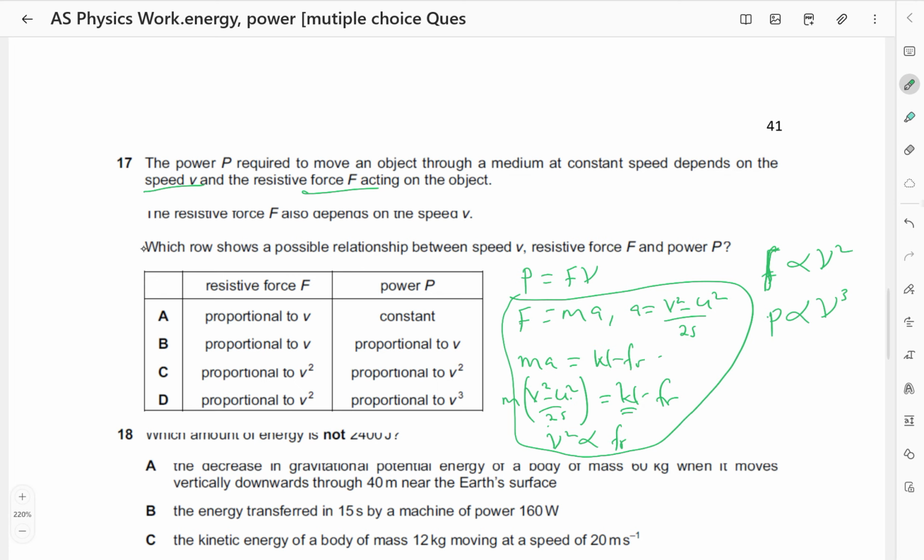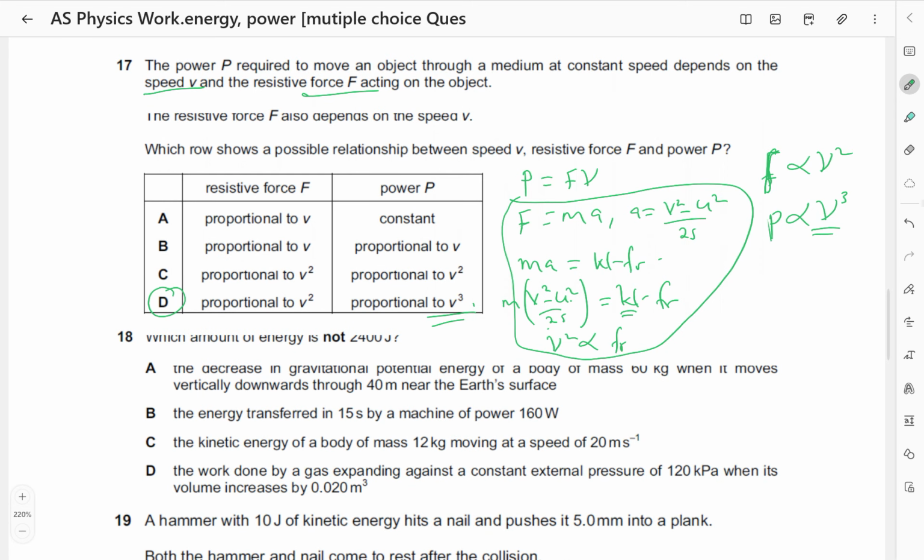If power is directly proportional to V and power is directly proportional to F, yet F is directly proportional to V squared, then power is directly proportional to V cubed. That is very true. So power must be directly proportional to V cubed. That makes our answer D. The frictional force is directly proportional to V squared. Power must be directly proportional to V cubed. So the answer is going to be D.